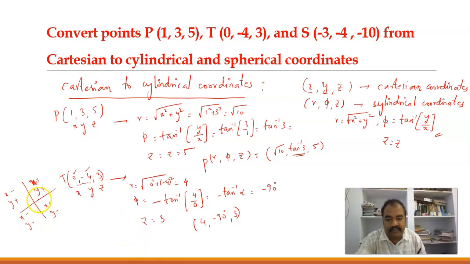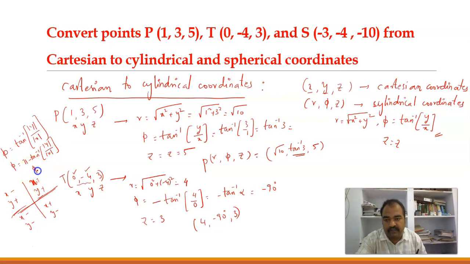Whenever you are getting these different types of situations, particularly for computing phi, how to compute phi? For the first quadrant, you directly take tan inverse of mod y by mod x. For the second quadrant, you take pi minus tan inverse of mod y by mod x.